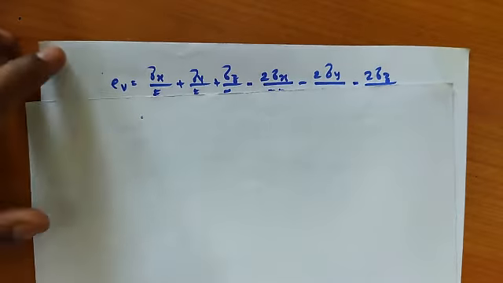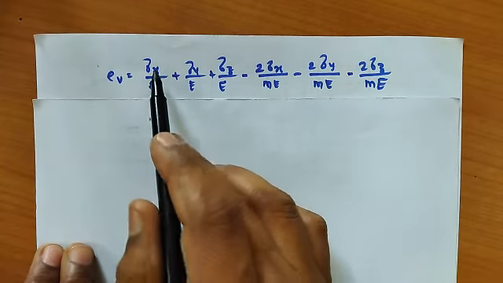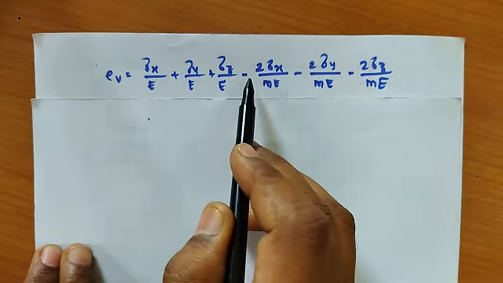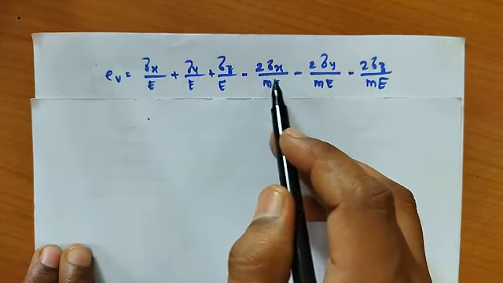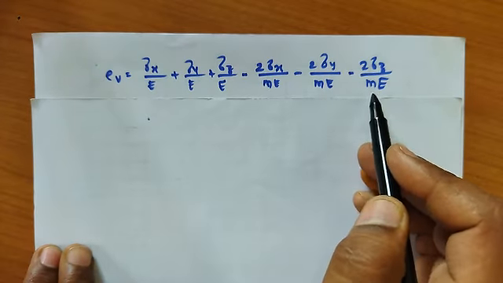So here, volumetric strain, we simplify this equation as sigma X by E plus sigma Y by E plus sigma Z by E minus 2 sigma X by mE minus 2 sigma Y by mE minus 2 sigma Z by mE.